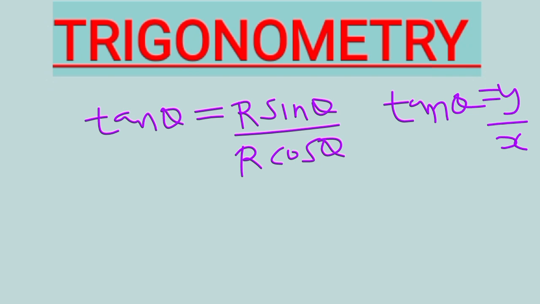We've just replaced: where there's x, we put the value of x, and where there's y, we put the value of y, which is r sin theta. Now this is just basic mathematics. We can see that this r and this r are the same, so we can cancel them. R into r is 1.